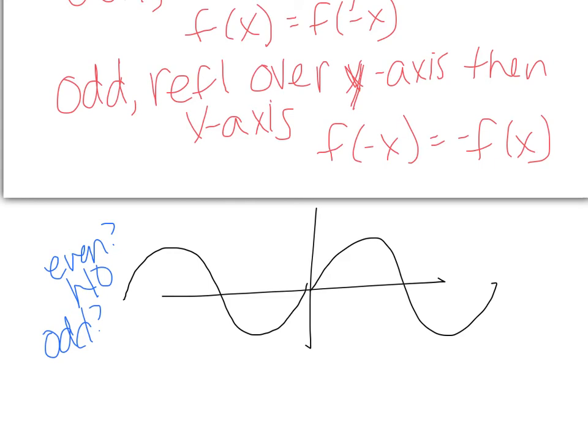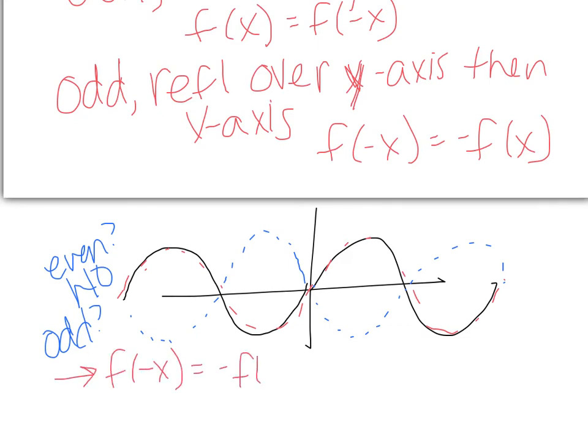Well, if I reflect this over the y-axis, do that in blue, reflect that side over to the left, and reflect the left side over to the right. And then if I flip it over the x-axis, now it's going to run straight into the original function. So it is odd, which means that f of negative x equals negative f of x. And what does that mean for us? That means if I take the sine of a negative angle, that's the same as putting my negative out front and taking the sine of just the angle.